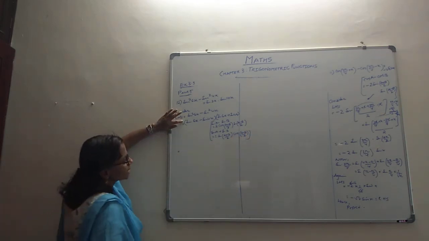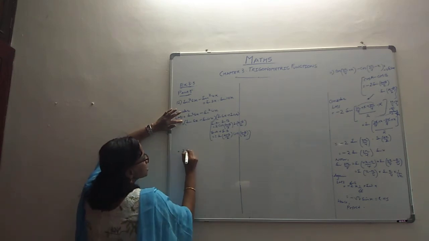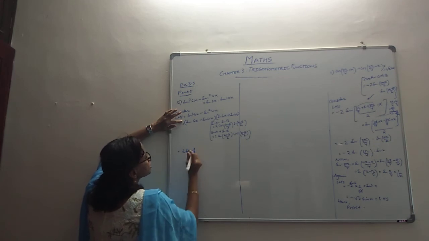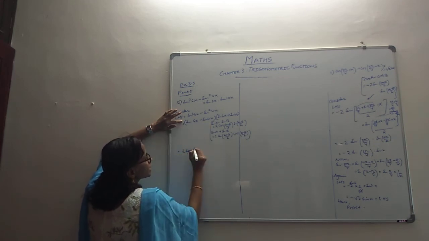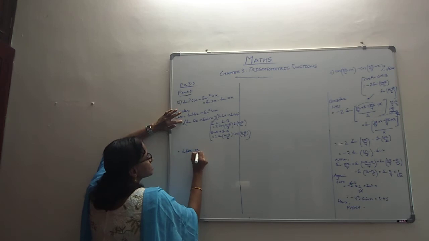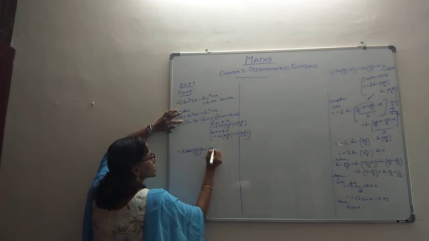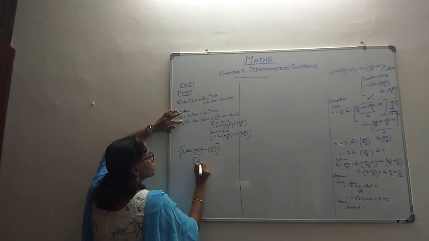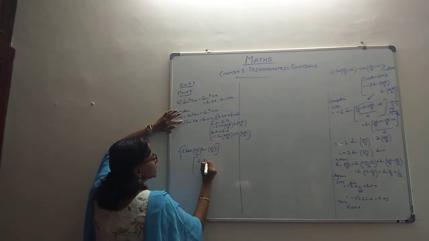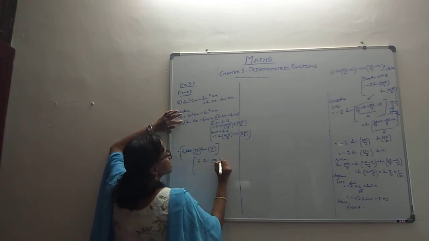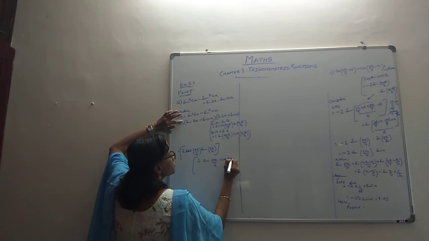The first bracket will simplify as 2, because the negative is there, first we will start with the cos. It's cos of (6x plus 4x), that is 10x, 10x by 2, and sin of the subtraction, 6x minus 4x, that is 2x, by 2. Then in the second bracket, it is 2 into, first is sin 10x by 2, and second it is cos 2x by 2.